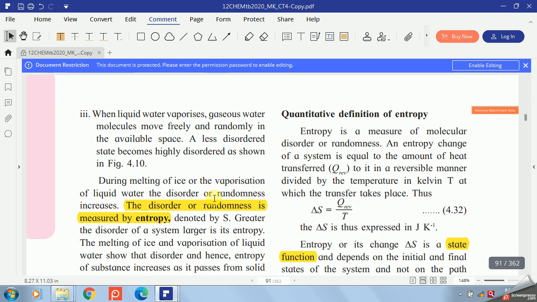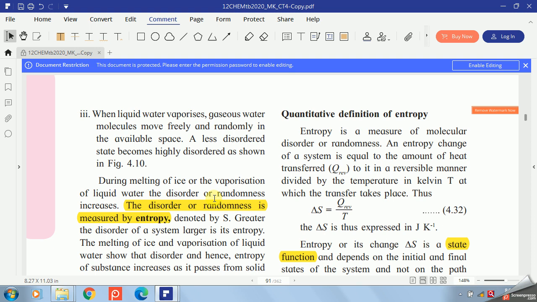Now the quantitative definition of entropy. How will you represent entropy in mathematical or equation form? Entropy is the measure of molecular disorderness or randomness. The entropy change of a system is equal to the amount of heat transferred to it in a reversible manner divided by the temperature in Kelvin.